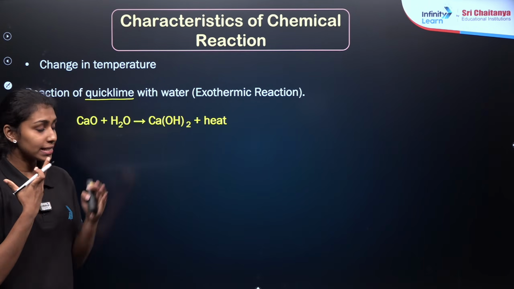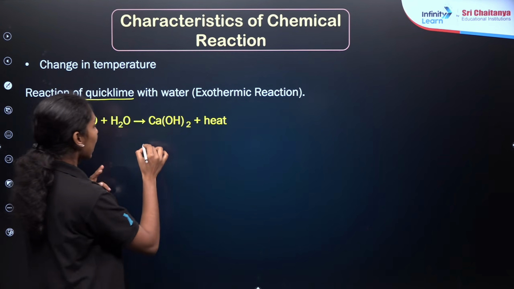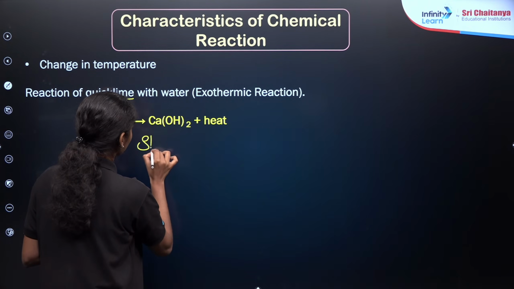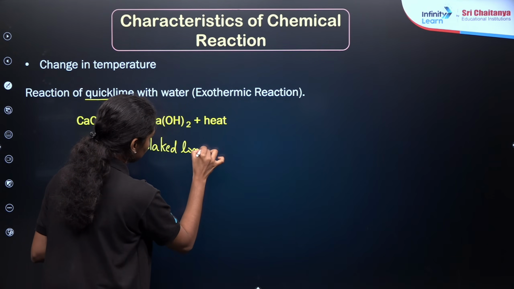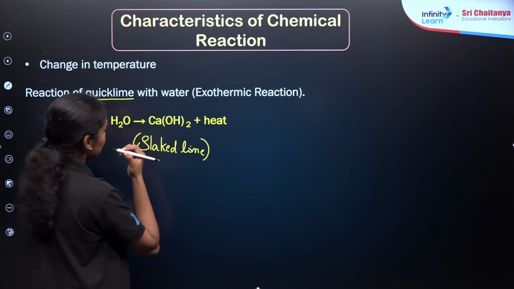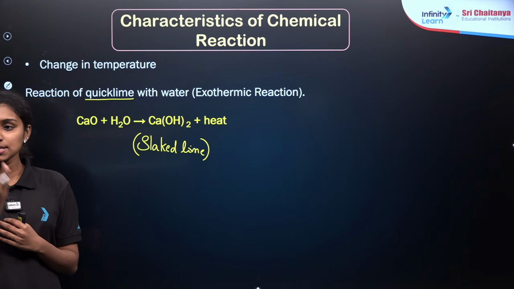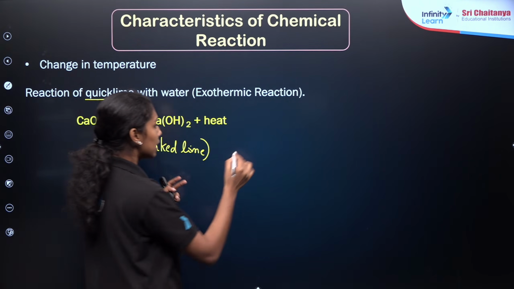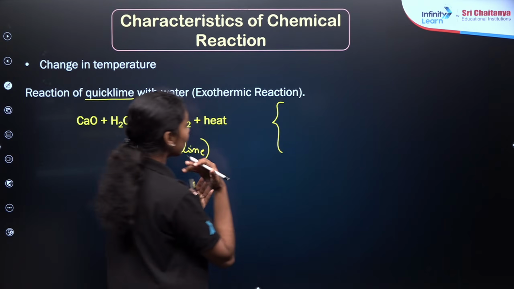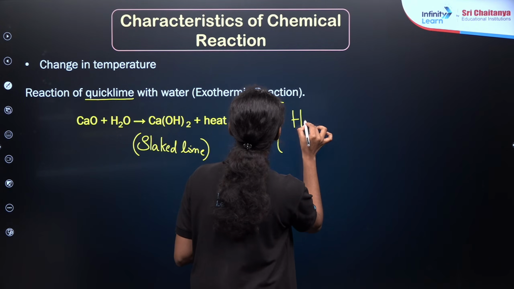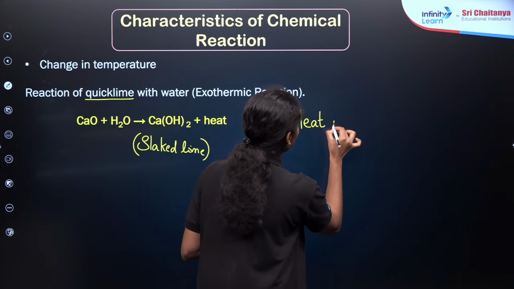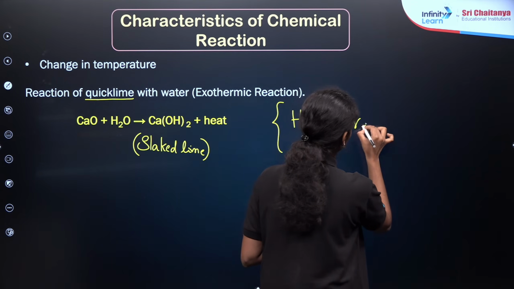Whenever quicklime is treated with water, it forms Ca(OH)2, slaked lime, plus heat. So what you're observing here, heat is released, which means the temperature is changing. Such a type of reaction is known as an exothermic reaction.